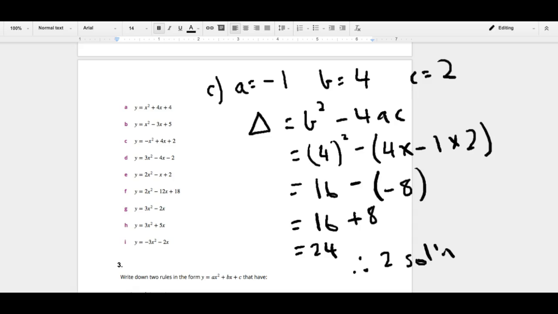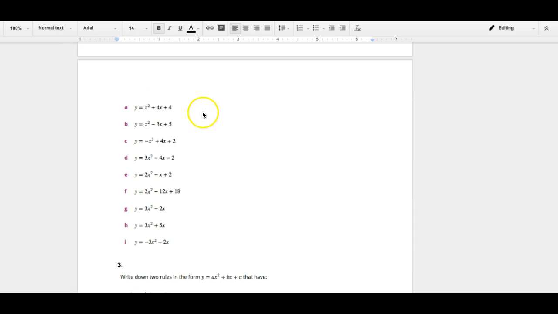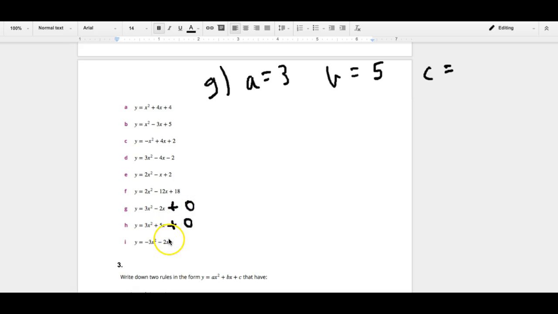Let's do one more. Sometimes people get freaked out if they don't see a value there. They think something's missing, what's happened to it? But nothing's happened to it, it's just a 0. Whoops, am I actually writing down the right one?